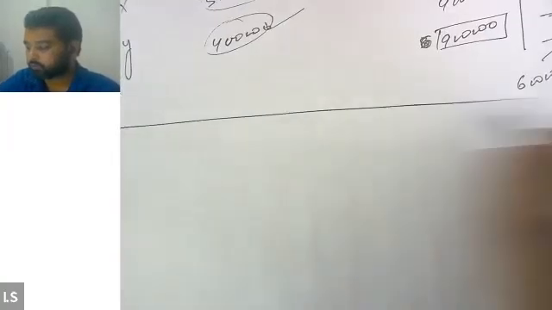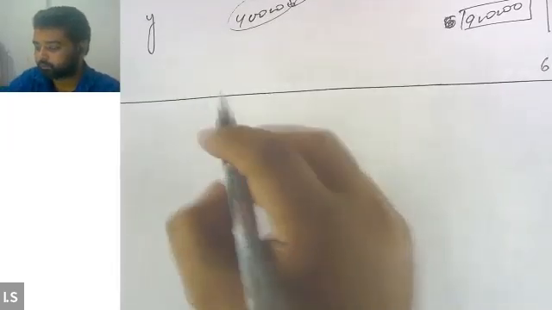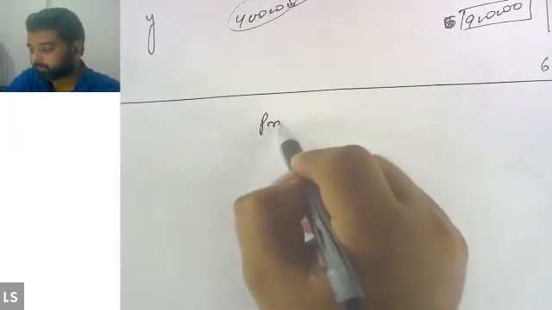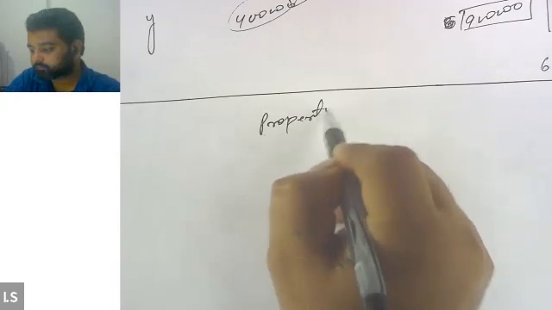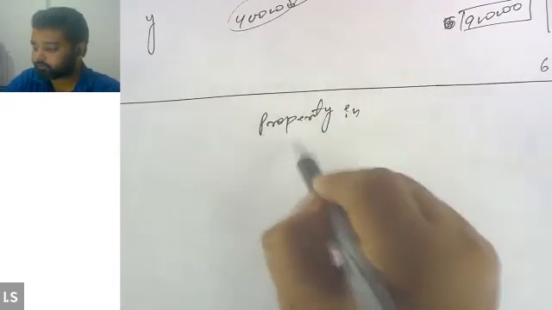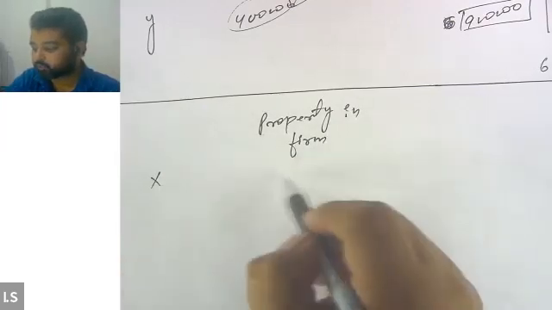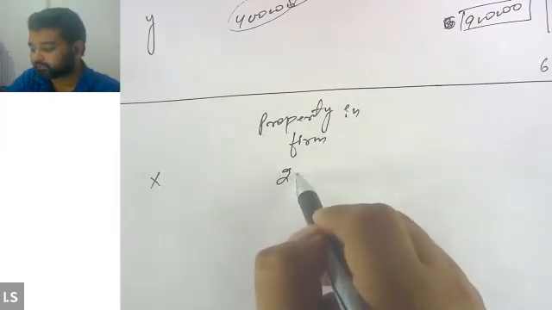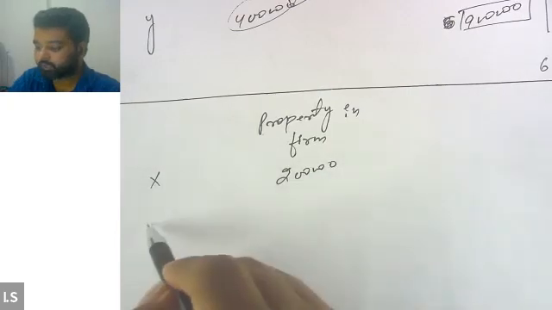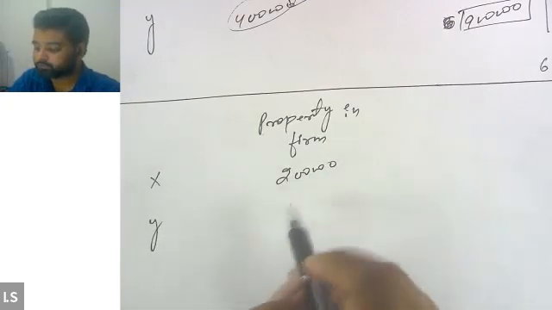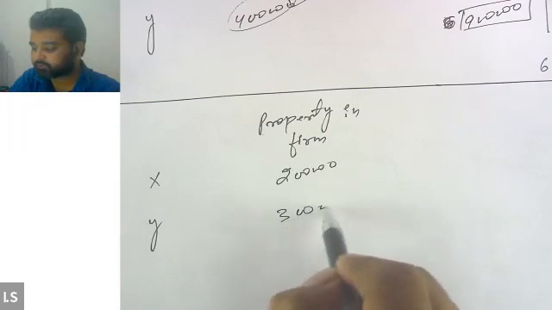Just let's suppose property in the firm. Mr. X owns total property of 2 lakhs in the firm, and Mr. Y owns total property of 3 lakh in the firm.